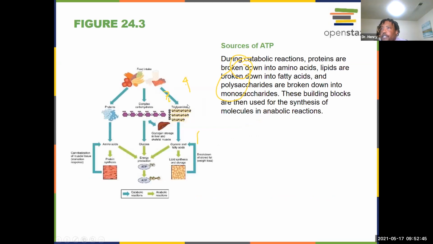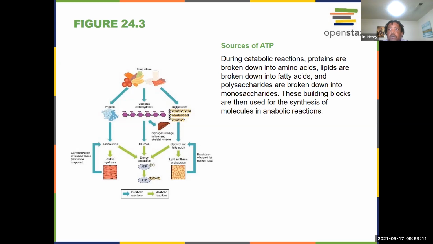Okay, so sources of ATP. A lot of our sources of ATP are going to be coming from our major biological large macro biomolecules. So that's going to be your protein, your complex carbohydrates, and your triglycerides. So your fats, your sugars, and your protein.